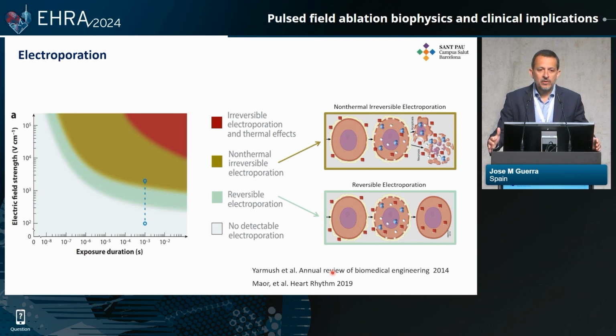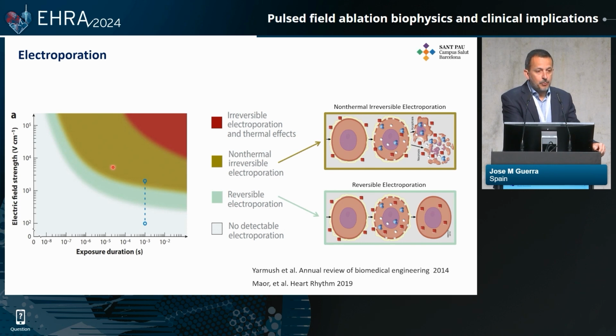So when we play with electroporation, we have to play with two variables. On one side, we create an electrical field, and we create that electrical field for a certain amount of time. When the electrical field is not very powerful, or the amount of time is not very long, we don't have anything. We increase one of the two, we get into the green area, we create pores, but those pores are not big enough, so the cells don't die.